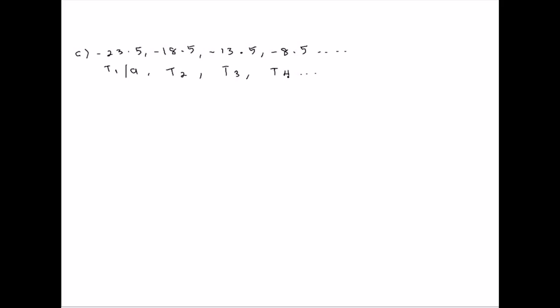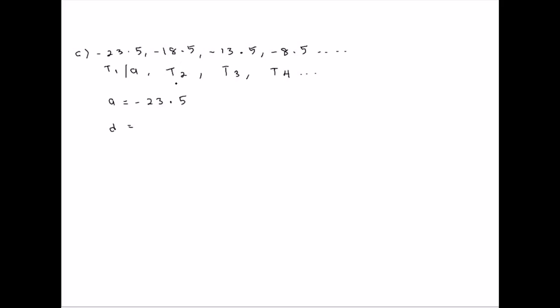Okay, we want to find the nth term. A equals negative 23.5. D equals a term minus the previous term.